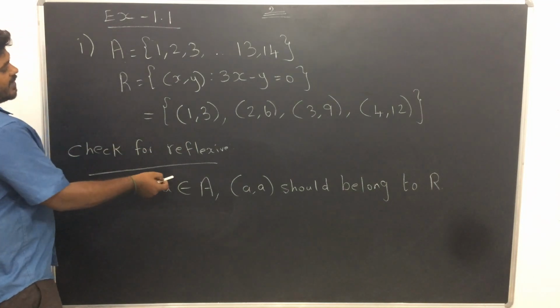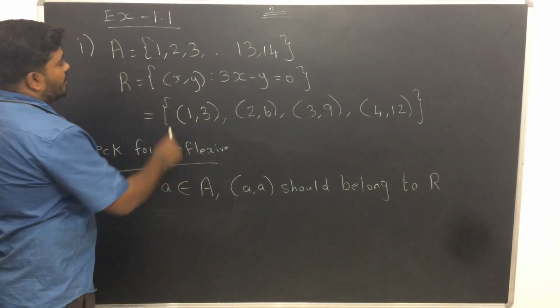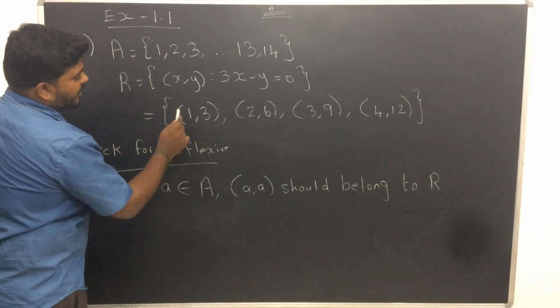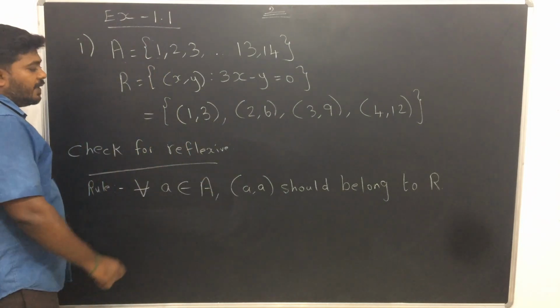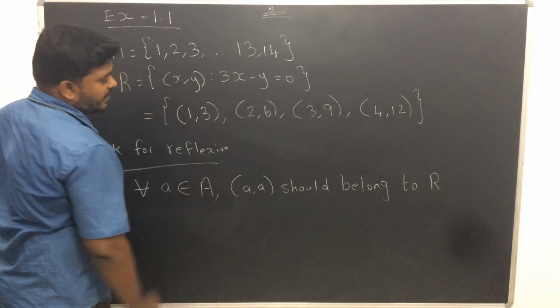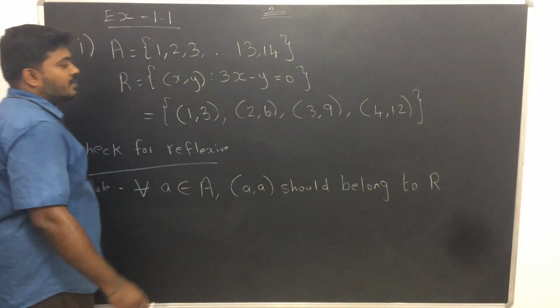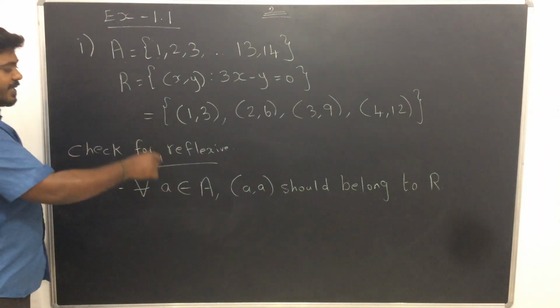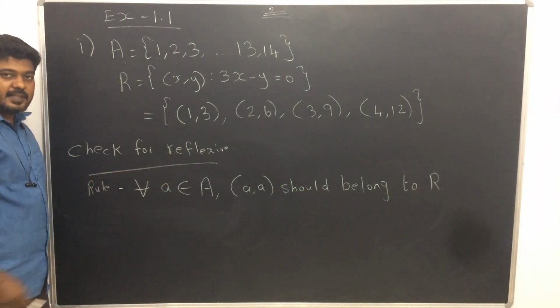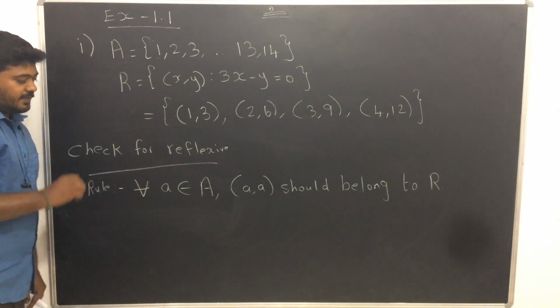So let's start with the first element. Start with 1. For 1, do we have 1 comma 1 in the relation? Do we have A comma A? The answer is no. There is no 1 comma 1 in R. So even if one element doesn't satisfy this condition, we can straight away say this relation is not reflexive.